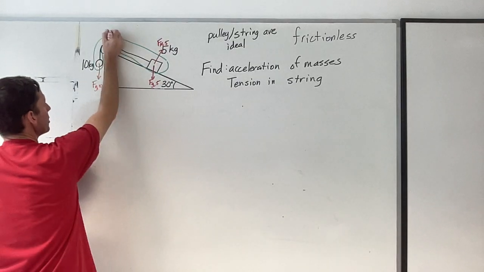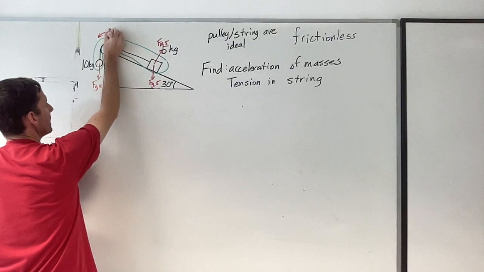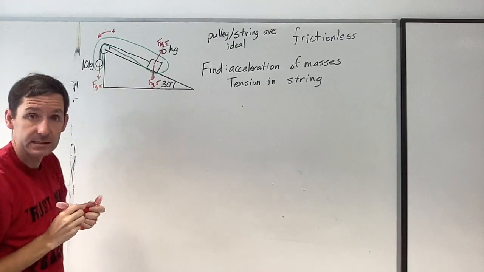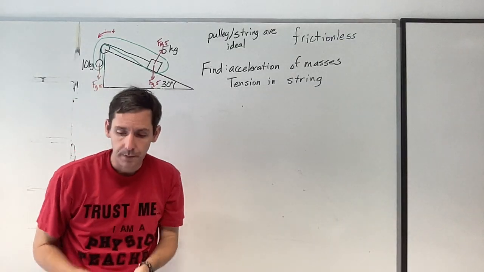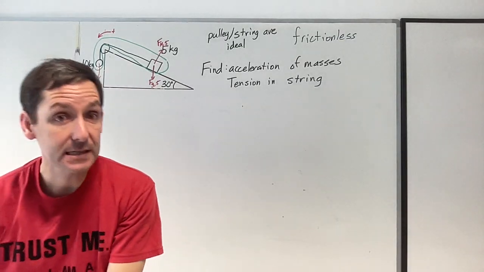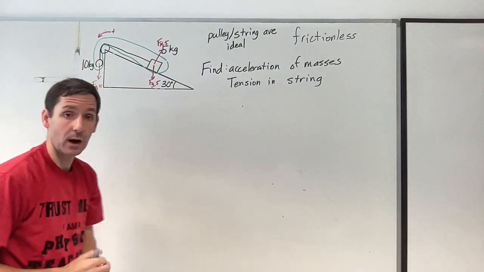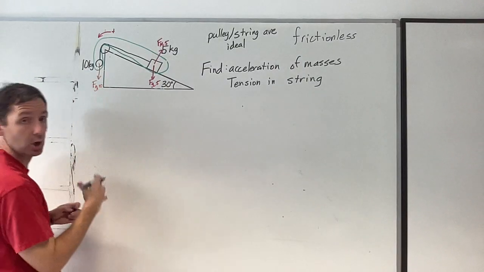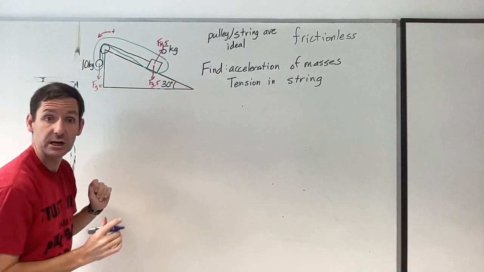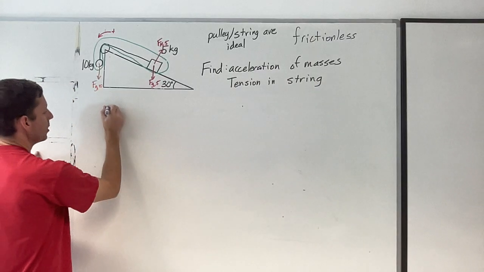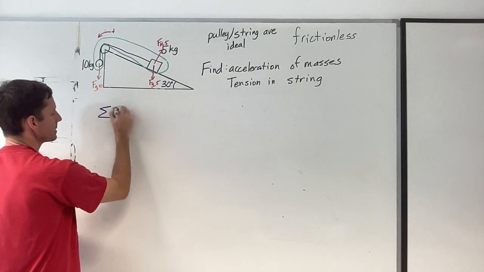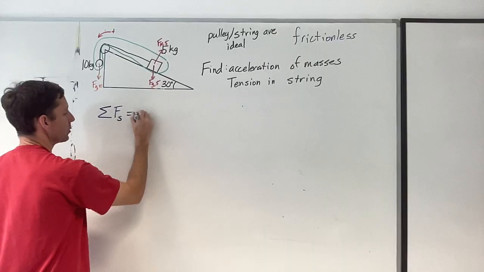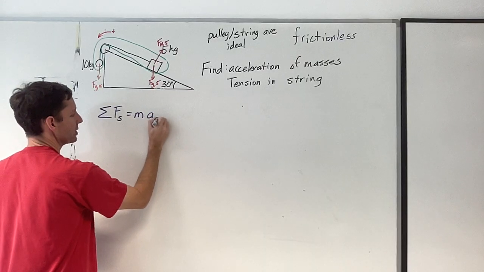And so as per usual, I'm going to go ahead and define the positive direction to be the counterclockwise. Now for the system, I am going to write out all of the forces that are causing that rotation. All right? So I'm going to go, sum of the forces on the system equals the mass times the acceleration of the system.